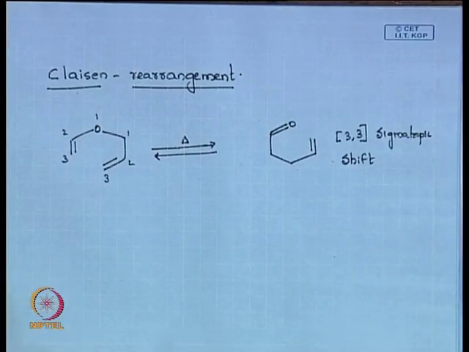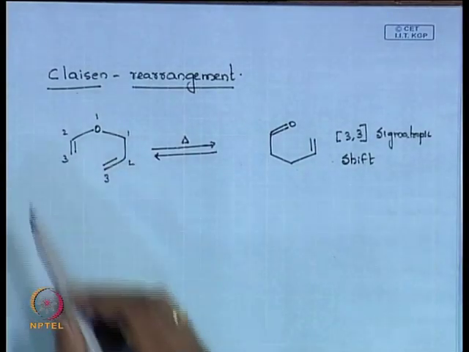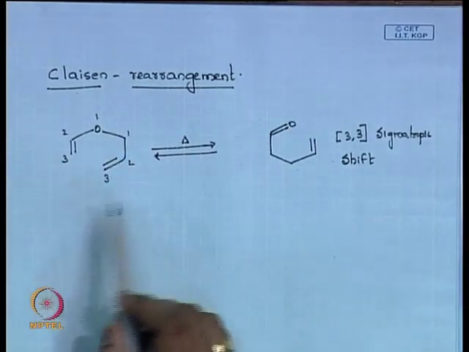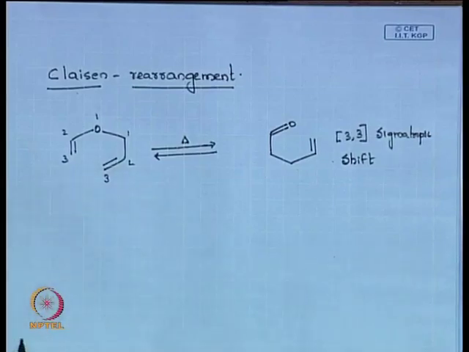Claisen. Any idea how to make this compound? There are many methods to make the precursor, any of the old methods which you have studied. Yes, there are a lot of methods to make these allyl types of ethers. If I give this compound and ask you to make this one, how would you make it? Which method?